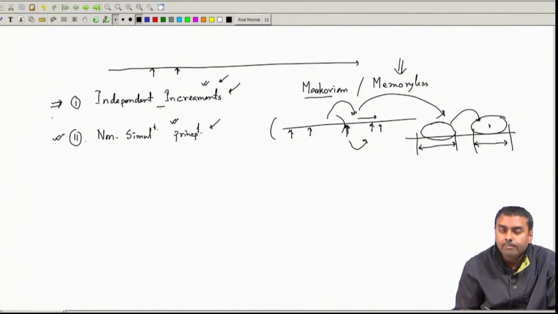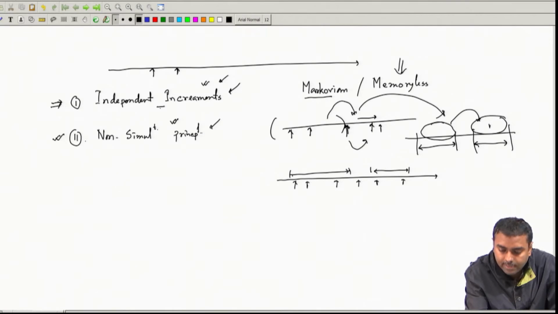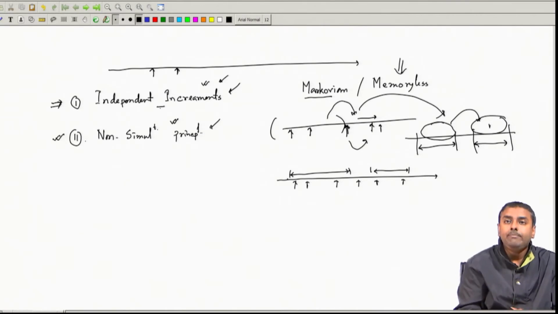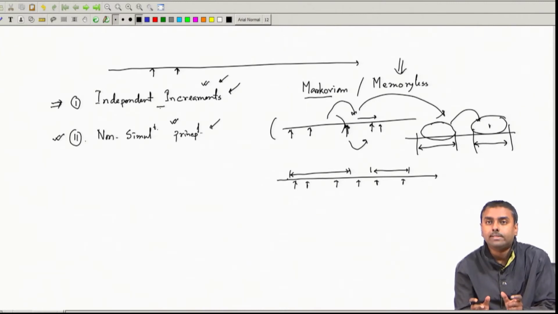Okay, so in mathematical terms, in any time instance where events have occurred, we are trying to get some intervals. The first criterion is that these two intervals must be independent, non-overlapping intervals.